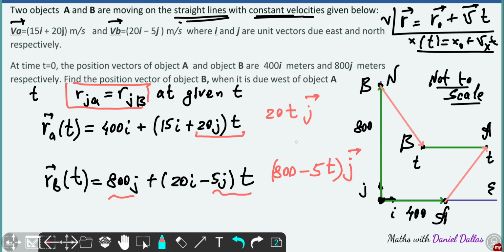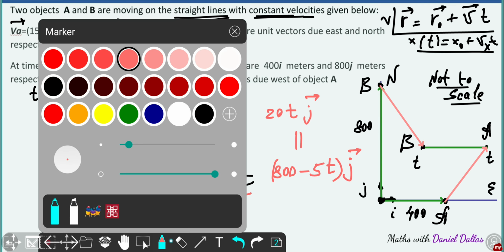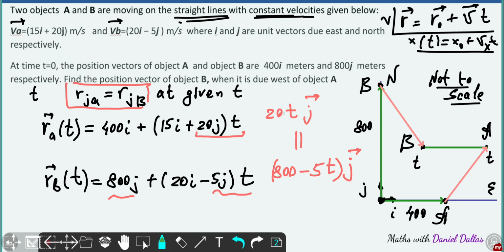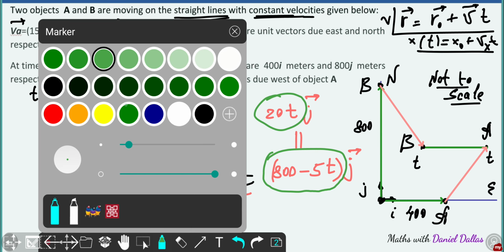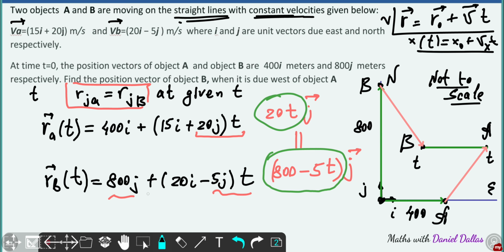So we need to equate coefficients. We take only the coefficients, 20t and 800 minus 5t, and equate them. That allows us to set up an equation where we can find time. So 20t is equal to 800 minus 5t, from where we can solve for t.